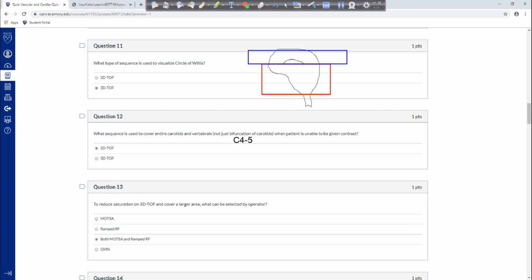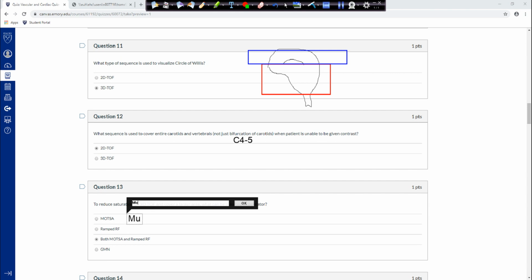Multiple overlapping thin slab acquisition. Multiple overlapping thin section angiography.